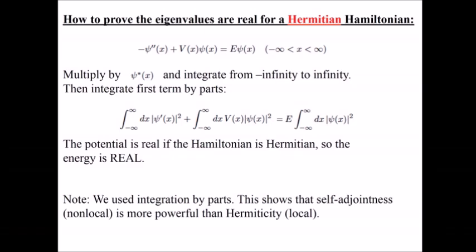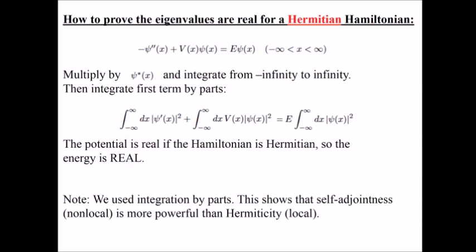If you have a Hamiltonian that is Hermitian, you know that its eigenvalues will be real. If you have a Hamiltonian that is PT symmetric, the eigenvalues may be real, but they may not be real.